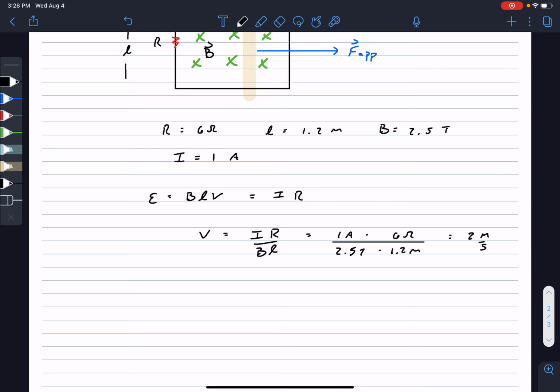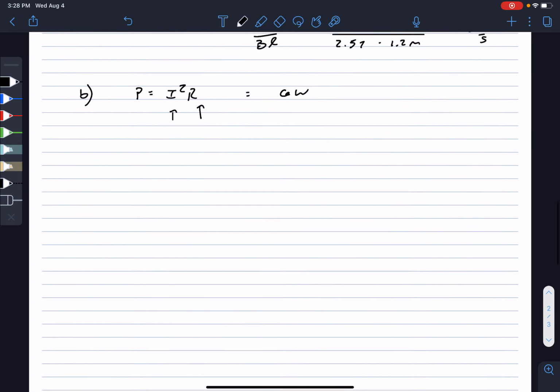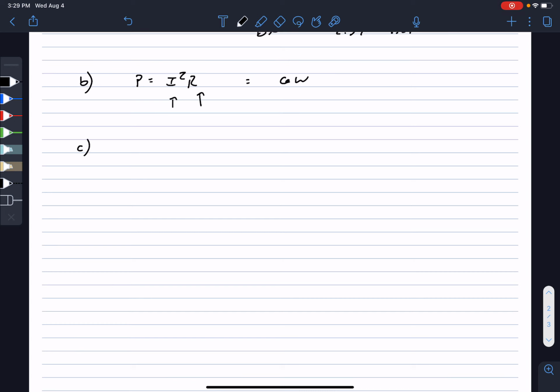Okay, next we are asked to find the power delivered to the resistor. We know that power is equal to I squared R. We know the current is 1 amp. We know the resistance is 6 ohms, so that's going to give you a value of 6 watts. We're asked to find the magnetic force magnitude exerted on the bar, and we know that magnetic force from before is equal to the field times the current times the length.